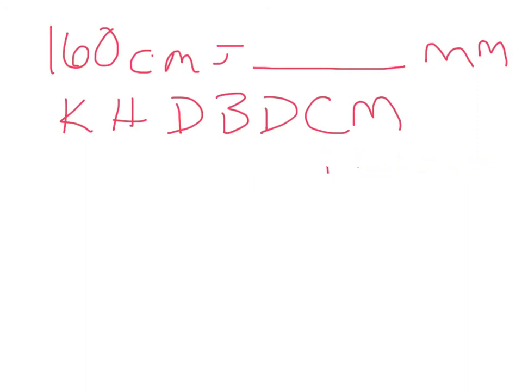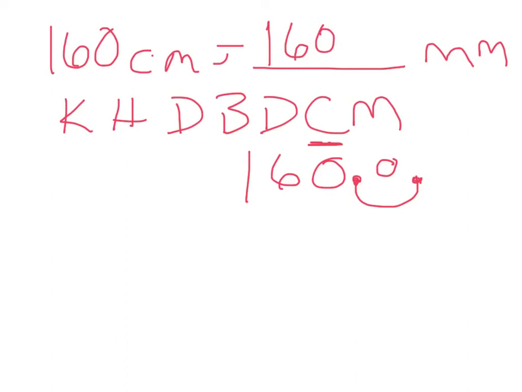So we're starting at centi, so 160. See how I lined my last number up with the unit that I was at? And we're only going to go to milli, so we're going to move over 1, and we're going to add a 0. So 160 centimeters is equal to 1,600 millimeters. We were going to a smaller unit, so we moved our decimal place to the right.